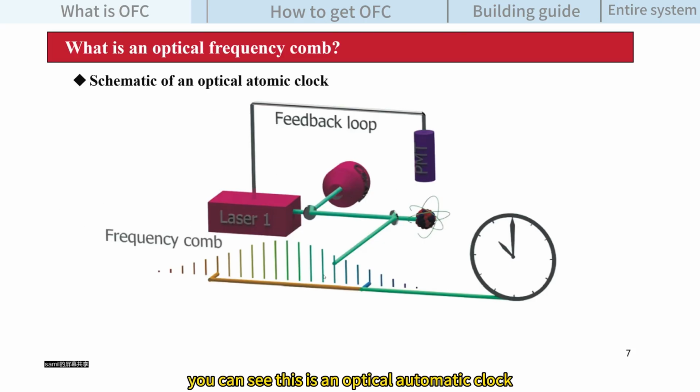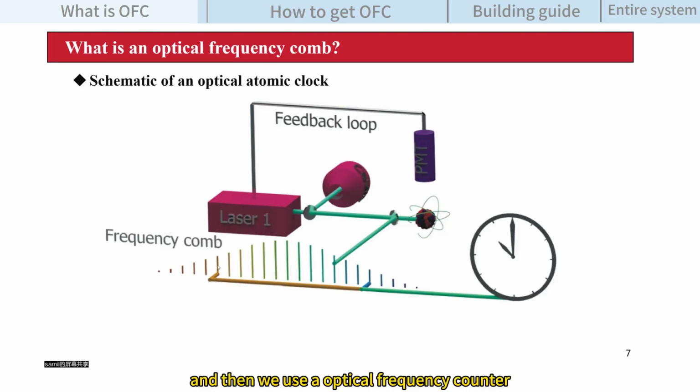You can see this is an optical atomic clock picture, and we're using a laser. It is very stable, and the laser frequency is locked to the atomic resonance in there.